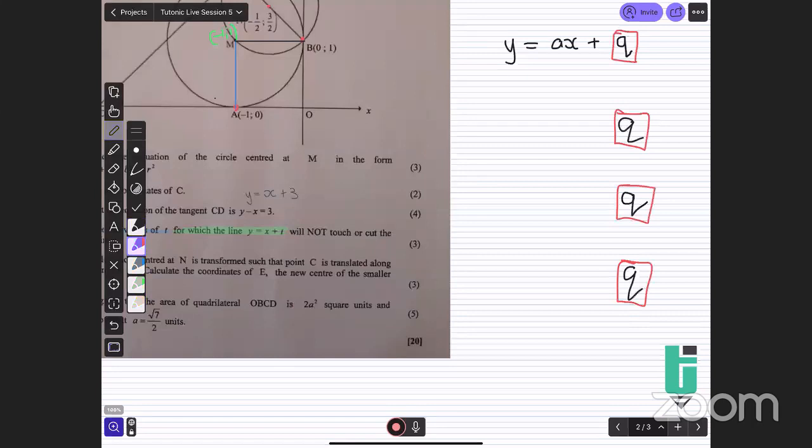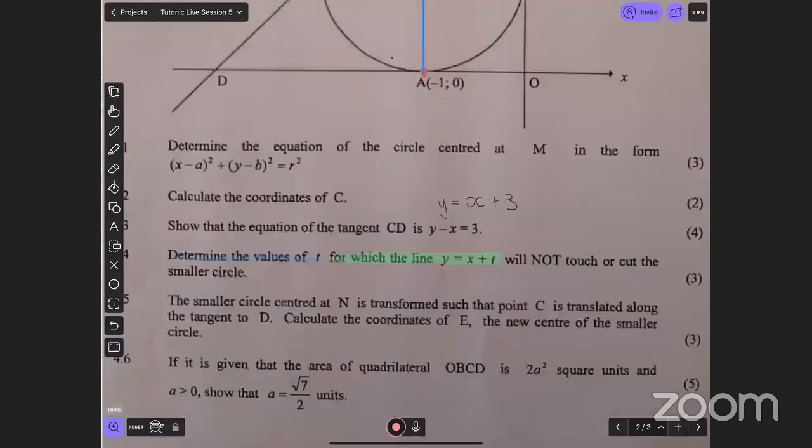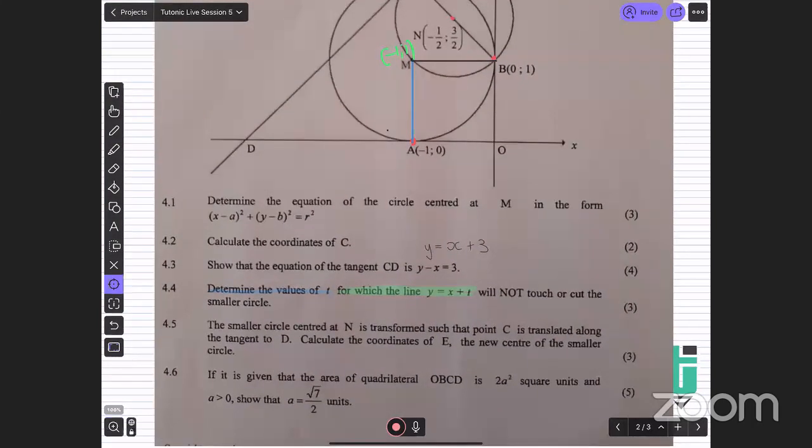So when they write y equals x plus t, they're basically saying, I've got the graph of y equals x, and the t is just going to shift me up and down. Do you see that? Do you all see that?